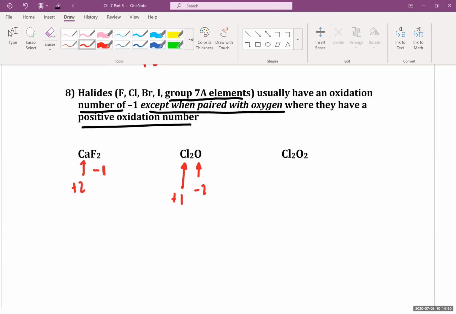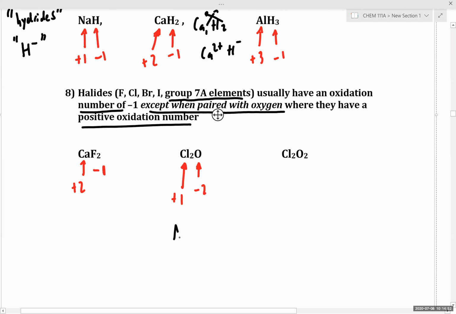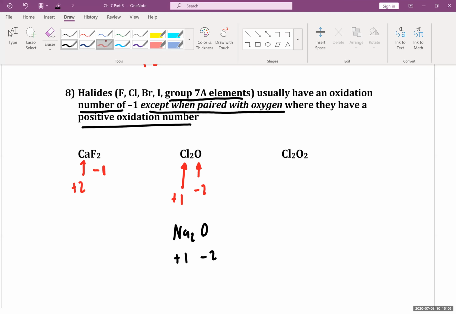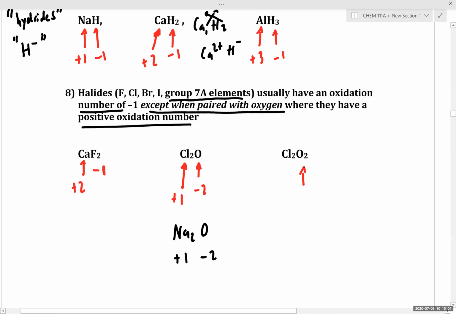Just like, for example, if we were looking at sodium oxide, Na2O, sodium would have a +1 oxidation number and oxygen would have a -2. In dichlorine dioxide, oxygen adopts a -2 oxidation number.